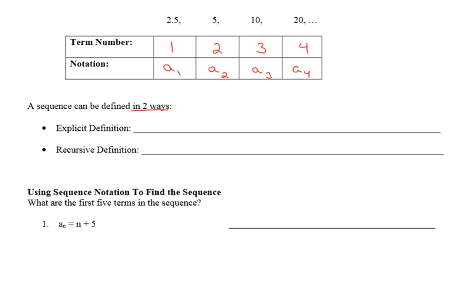An explicit definition is a rule that relates each term to its term number.